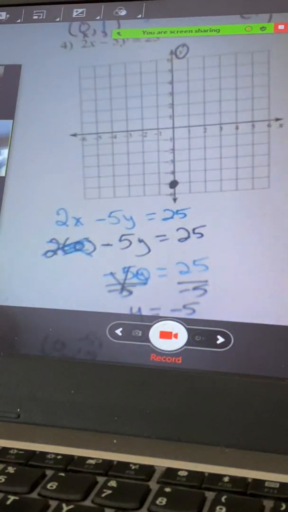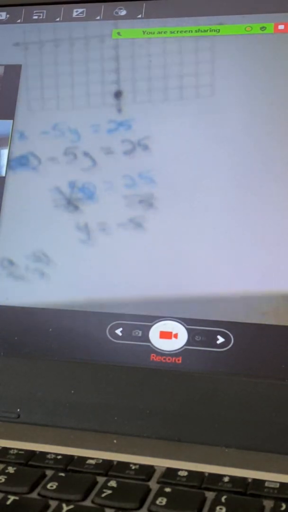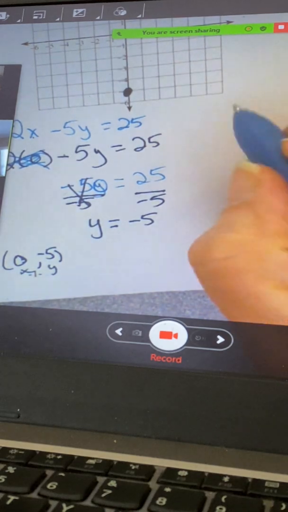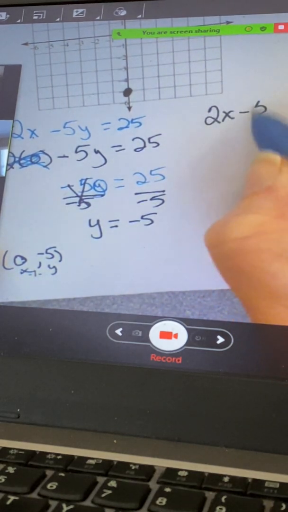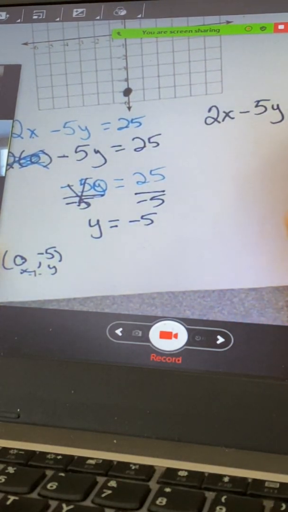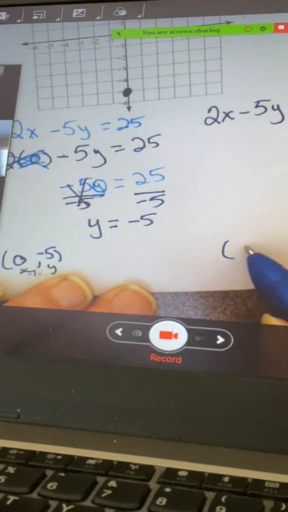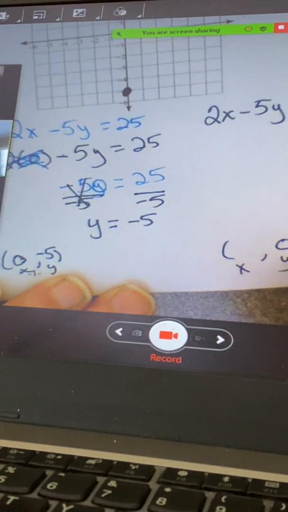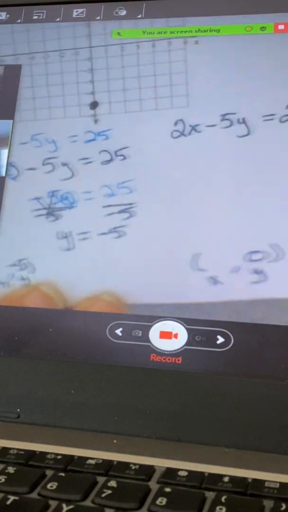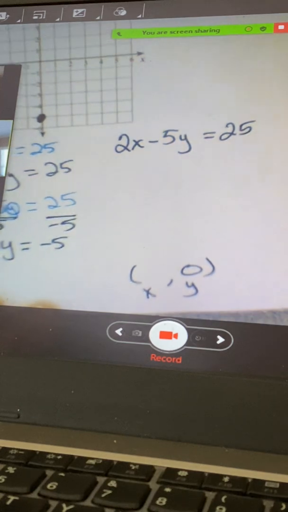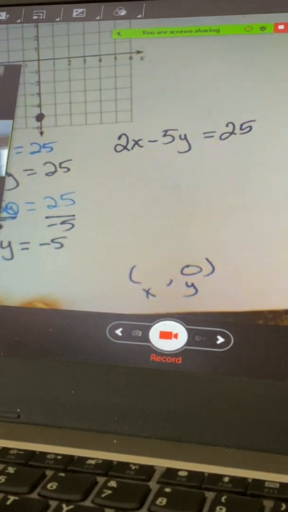Then I'm going to come back here, and I'm going to work this same problem again. 2x minus 5y equals 25, but this time I'm going to put the 0 in for the y. Oh, can't see it, can you? Pull it on over. Put the 0 in for the y. So let's write it.